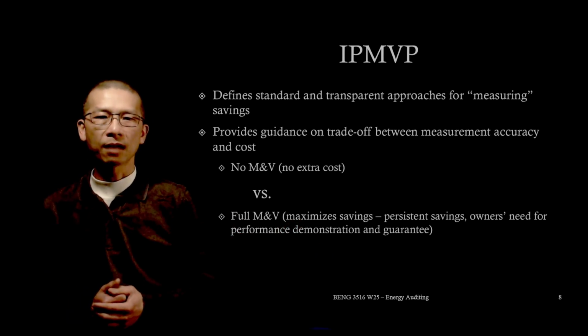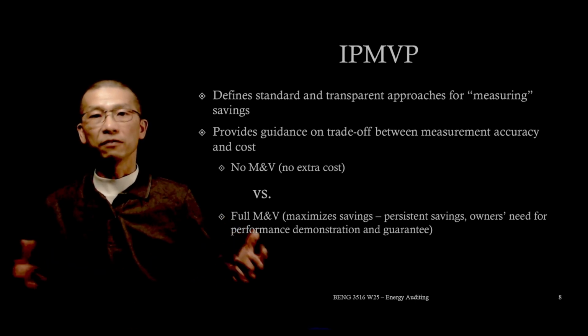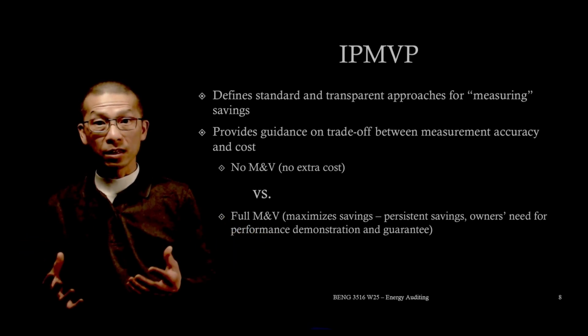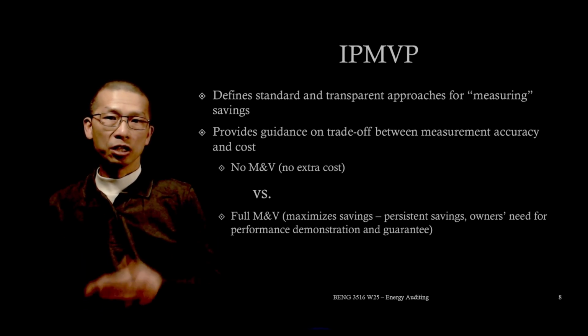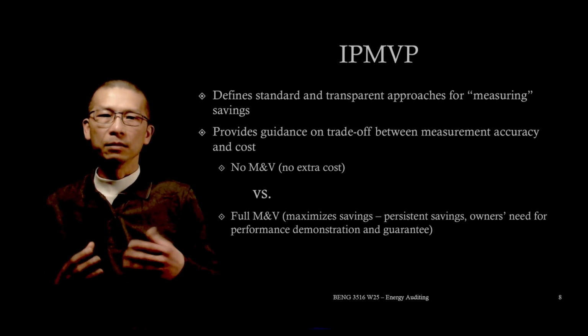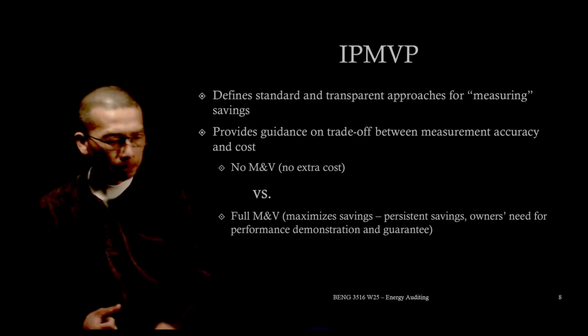It guarantees the performance contract. So there is something called a guaranteed performance contract. M&V ensures savings. The choice depends on the project scale, cost, and the need for accuracy.